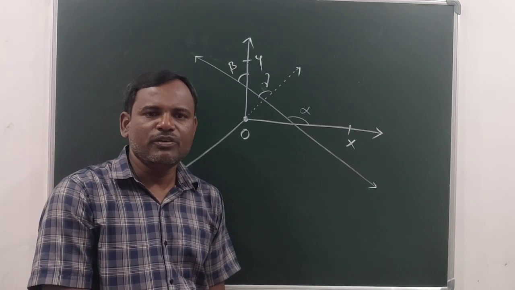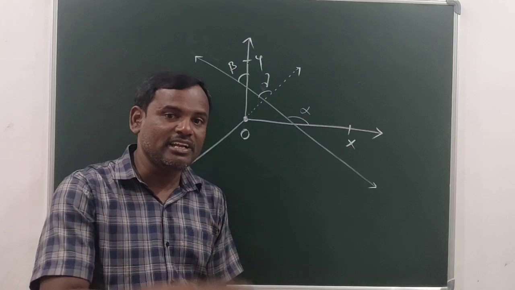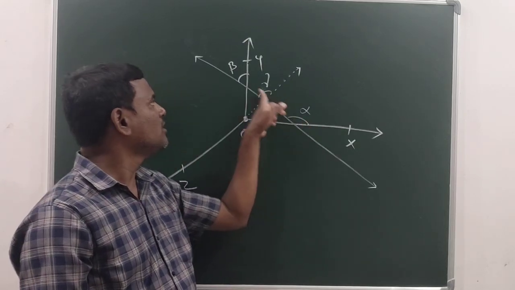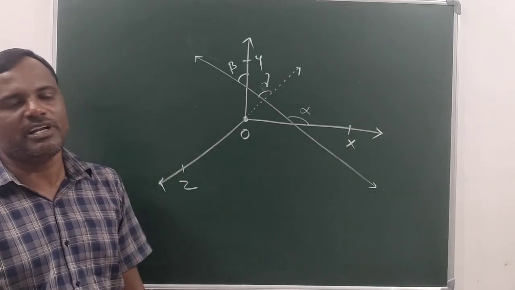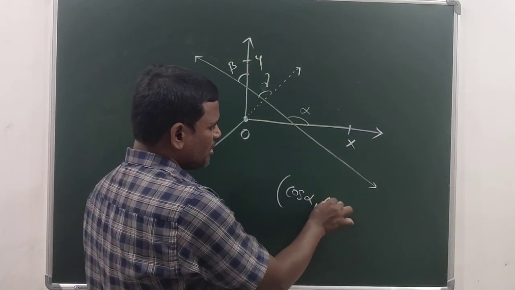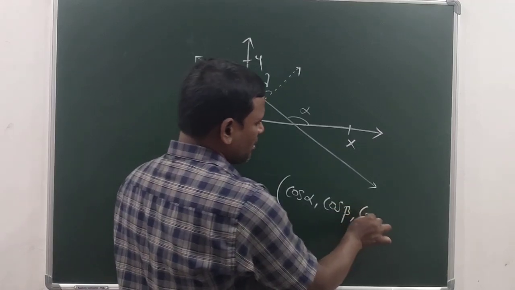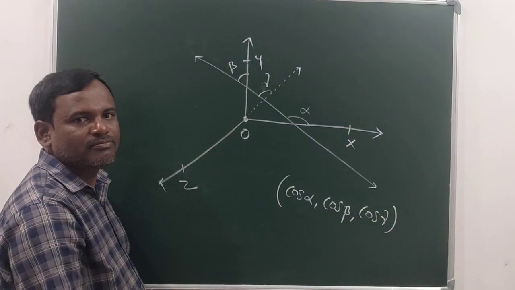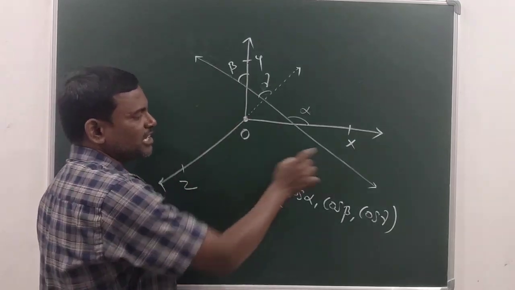Okay. So if you define cosine ratios with respect to these three angles, alpha, beta, gamma, you get cos alpha, cos beta, cos gamma. These are said to be the direction cosines of this line.